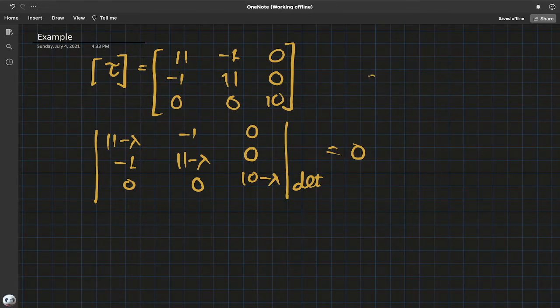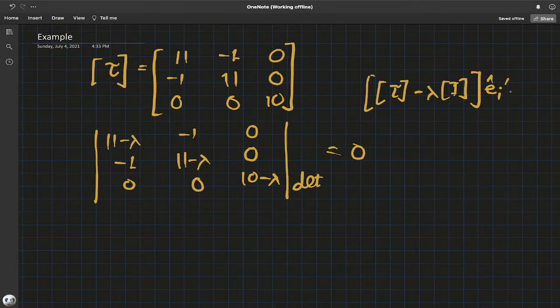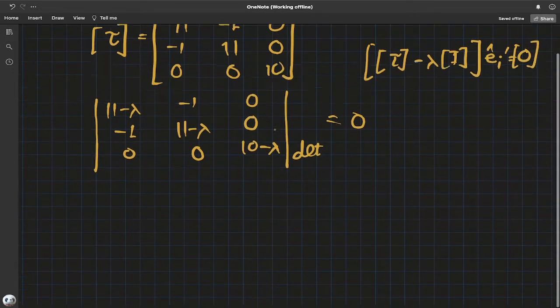Again, it all stems from the fact that this matrix minus lambda times the identity acting on some vector in the prime system is 0, is null basically.